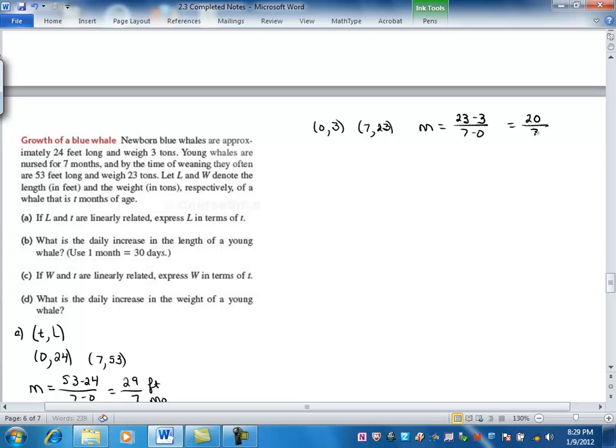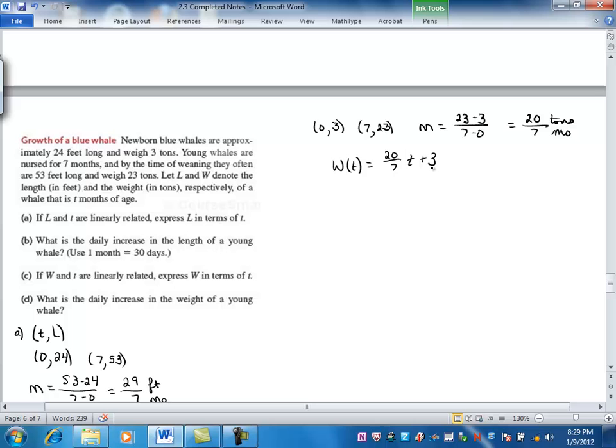This is 20 over 7. This is our slope. And we're talking tons per month here. And so we're going to express the relationship, W in terms of T, equals 20 over 7 T plus 3.